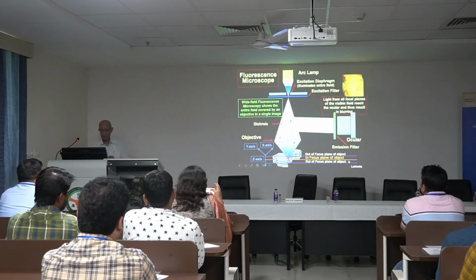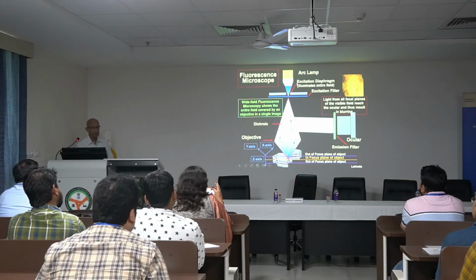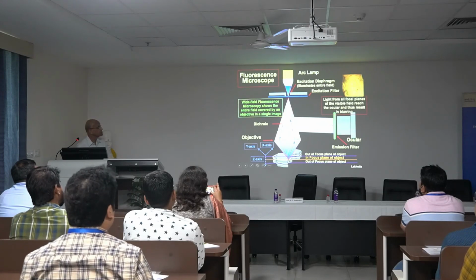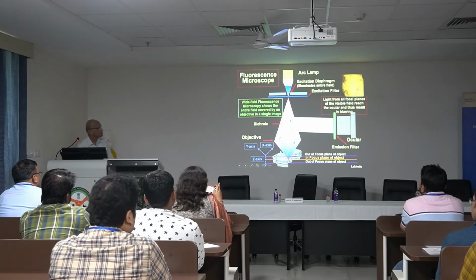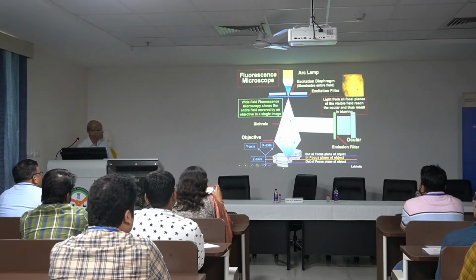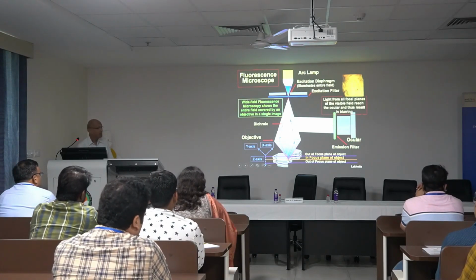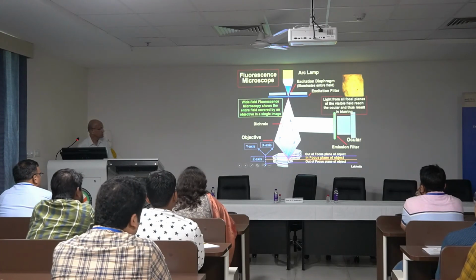And the principle is like this. If you look in a fluorescence microscope, this is the mercury lamp, light comes in, there is an excitation filter so that we select blue light only going down, and let's say these are the layers of the tissue that you're examining. And your objective is focused at this particular plane.